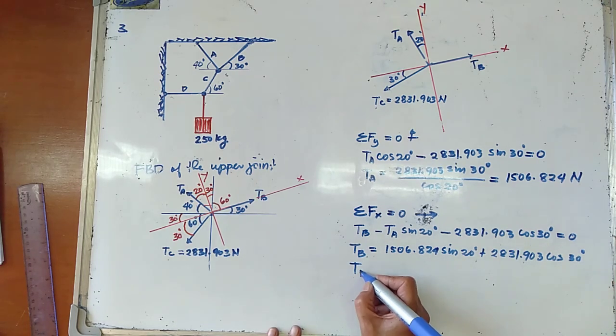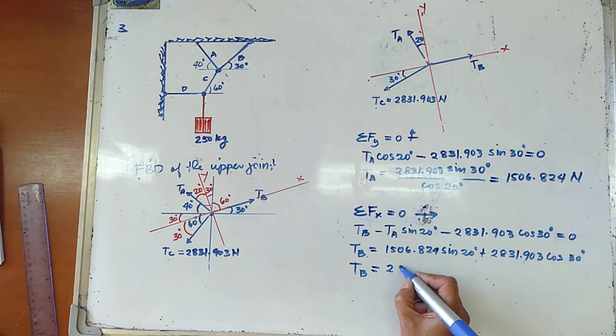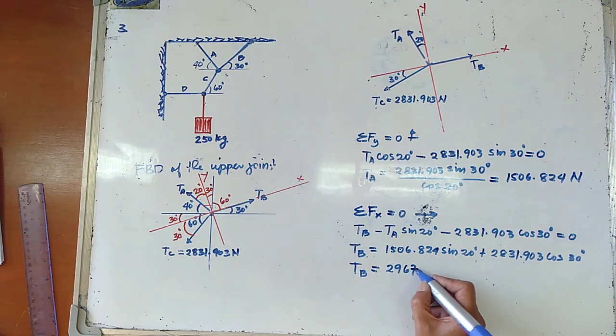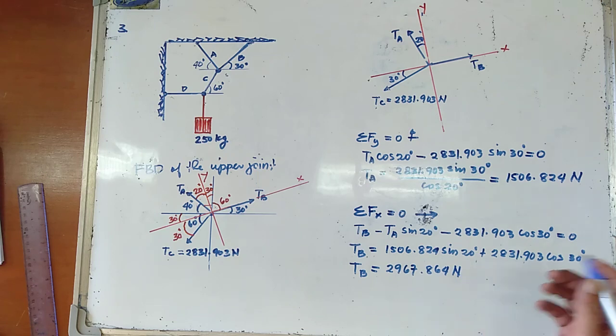So the tension, therefore, in cable B is 2967.864 newtons.